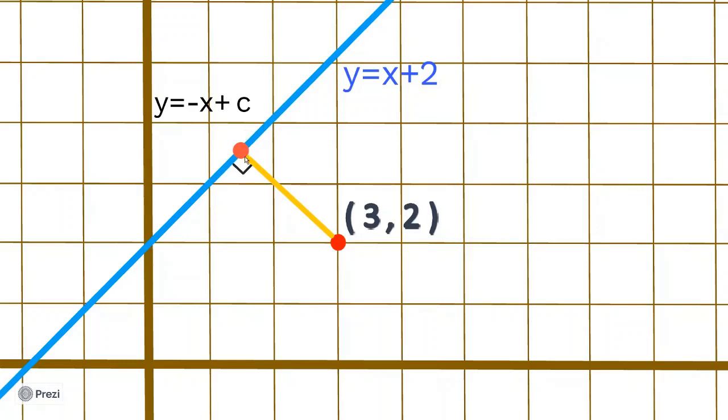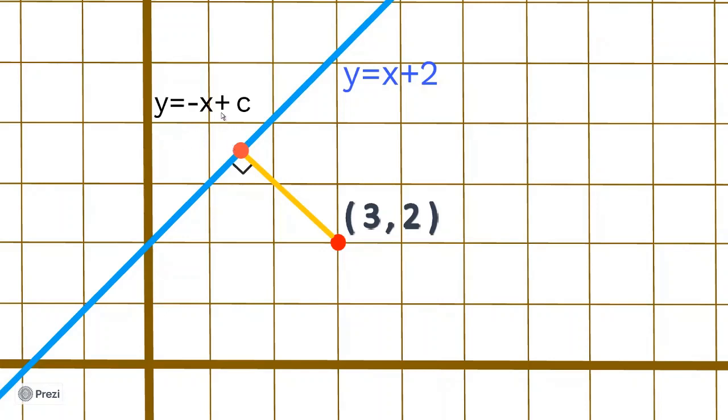Now just looking at this line, we don't see any intercept, but if we extend the line, but by the way we'll extend that later. Anyways, so we need to find the point. So how to find the point? Now we know this point (3, 2). (3, 2) is a point which is lying on the yellow line, so it should satisfy this equation, right?